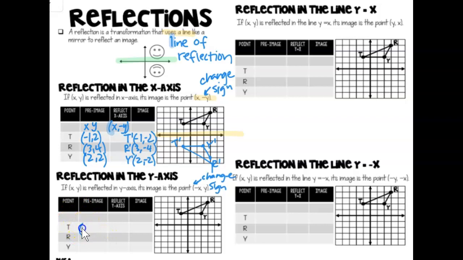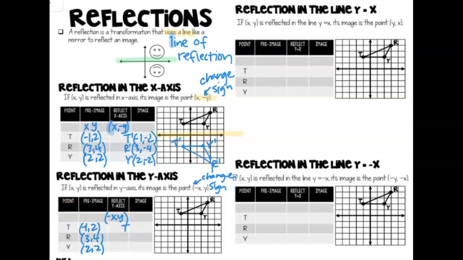I am using the same points, so I'm just going to copy those down from my first example. And now I'm going to be applying the rule (opposite of x, y). So change the sign of x, no change to y.